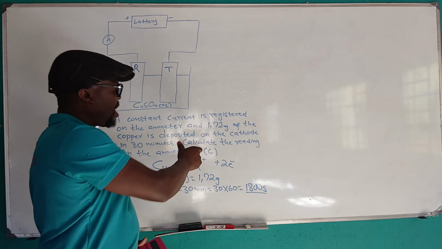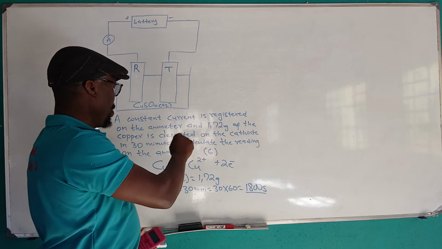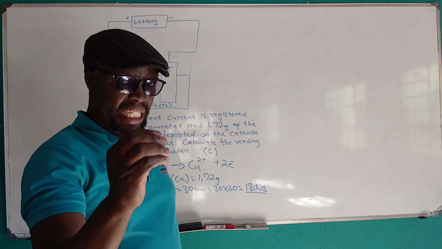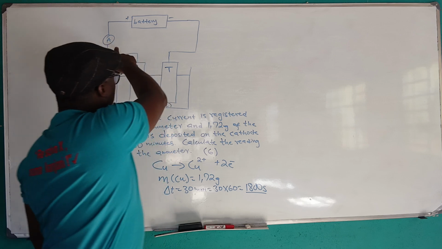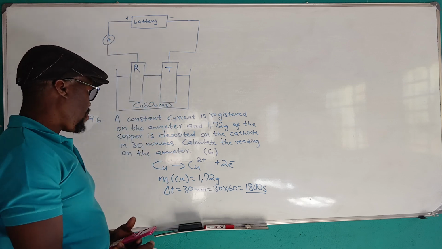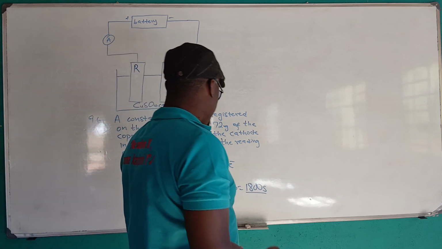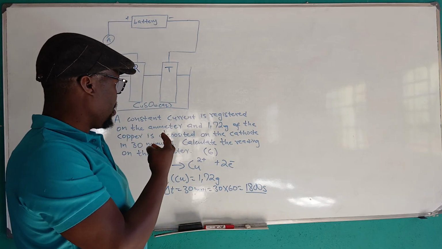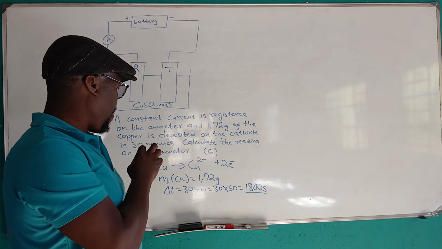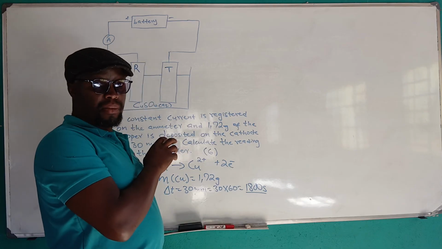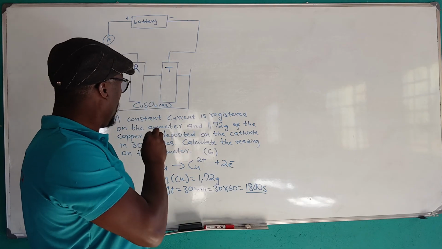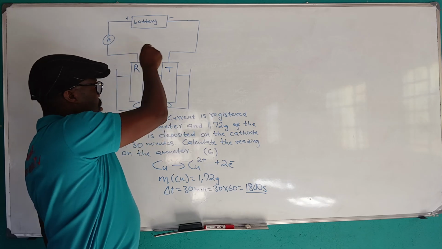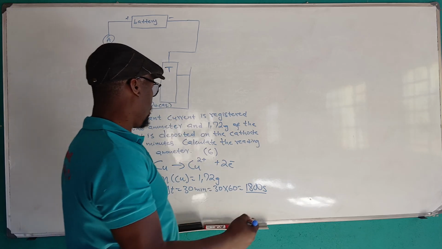The instruction says calculate the reading on the ammeter. In other words, we are required to determine the current which flows through the ammeter. The manner in which we should go about doing that, we actually have to find out the charge, the charge that flows from this electrode to that electrode.